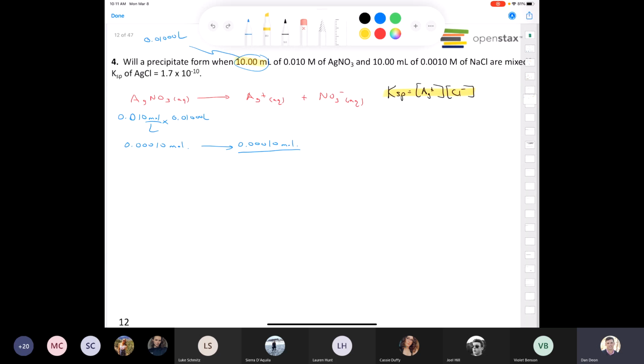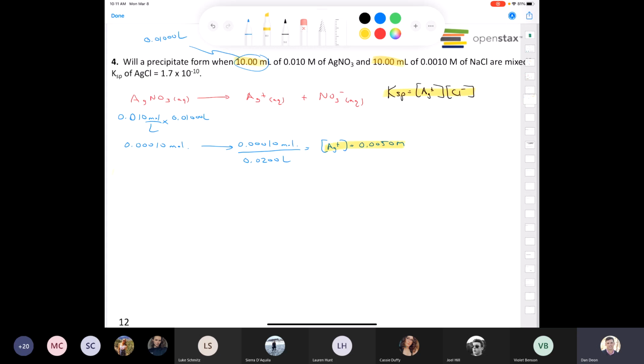No, you're adding this together with this. So now you have to divide by 0.0200 liters, and we get that the concentration of our silver ions is going to be equal to 0.0050 molar. Okay, so we've got that part down.